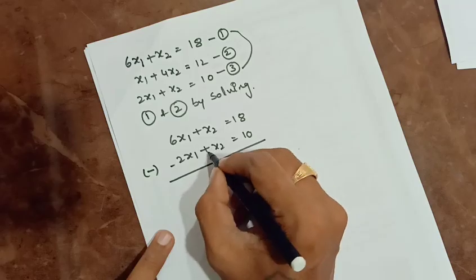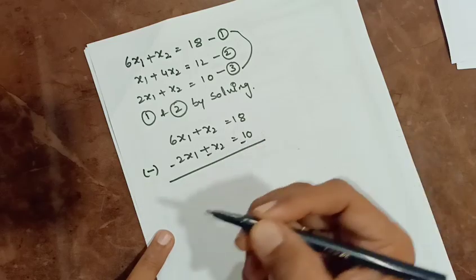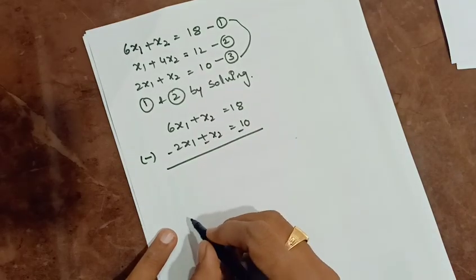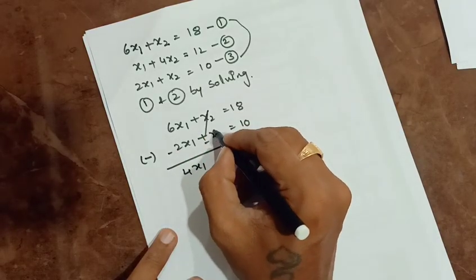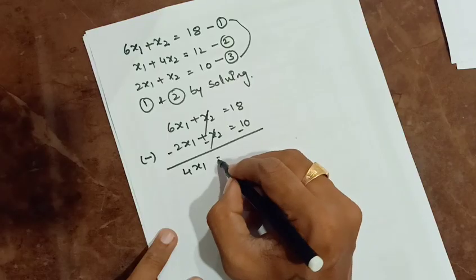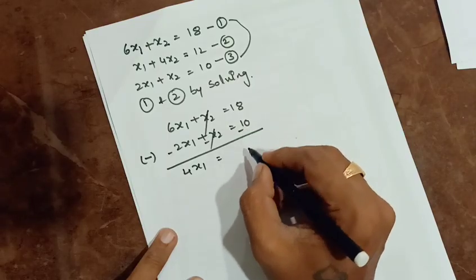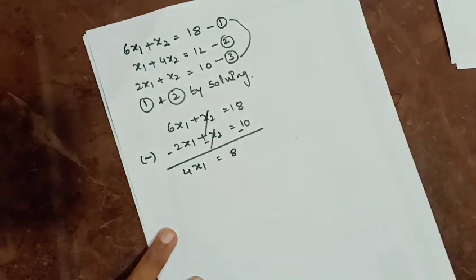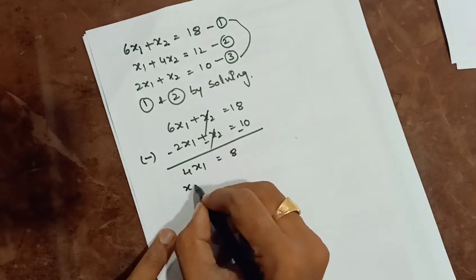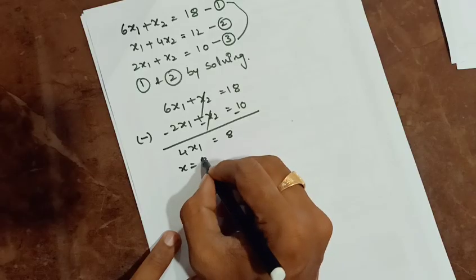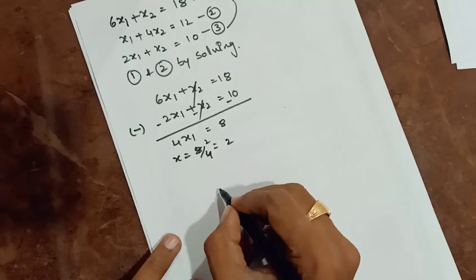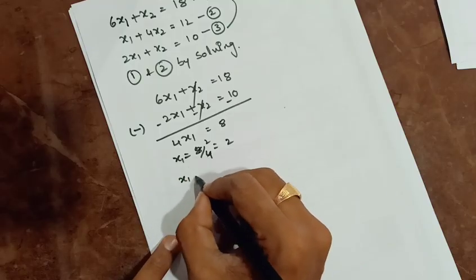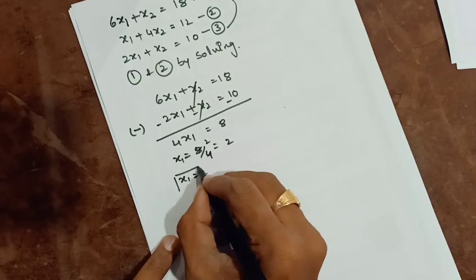So 6 minus 2 is 4x1, and x2 cancels. 4x1 is 18 minus 10, which is 8. So x1 will be 8 by 4, that is equal to 2.